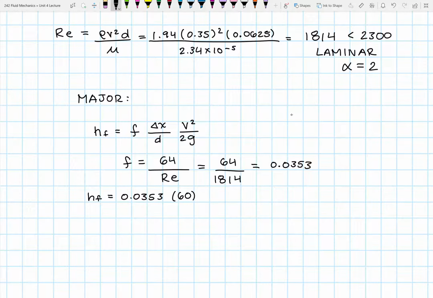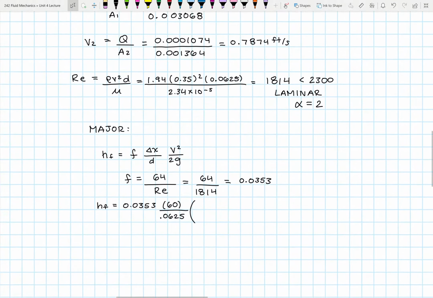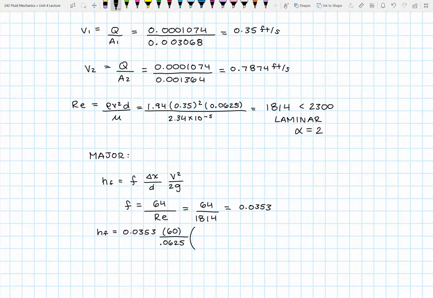Awesome. Okay, so now with that, we can go ahead and plug in and find our major losses. Delta x is still 60, diameter is the same. Velocity we found earlier to be 0.35. And this comes out to be just 0.06446.